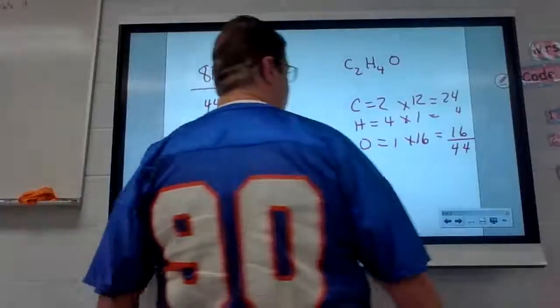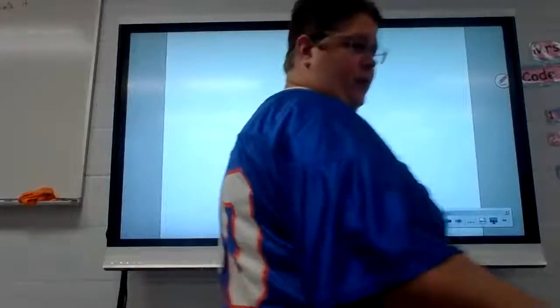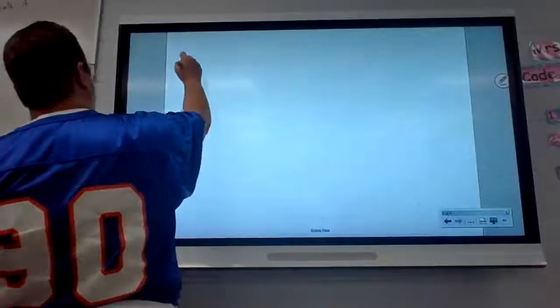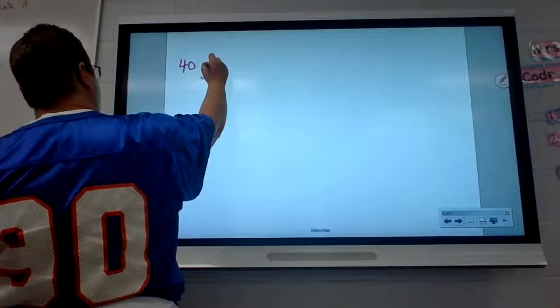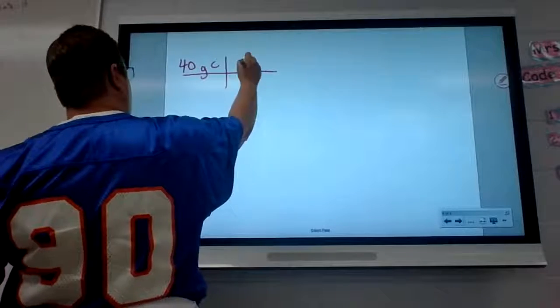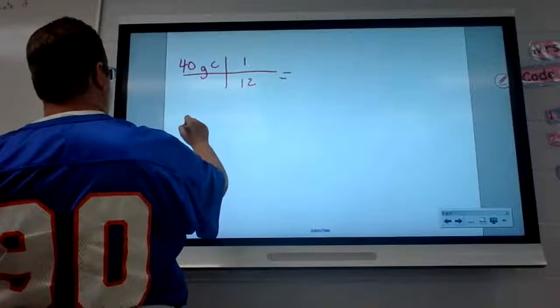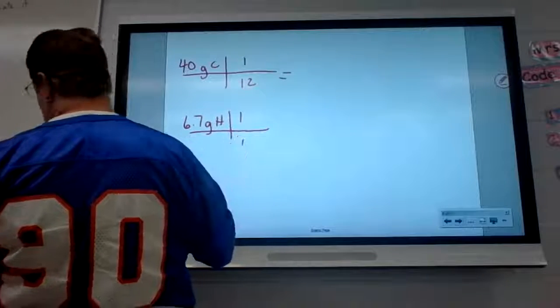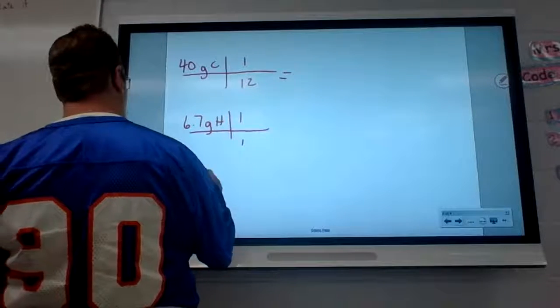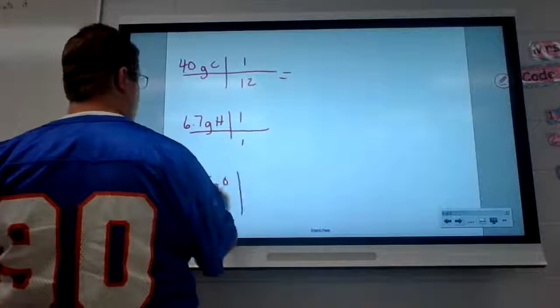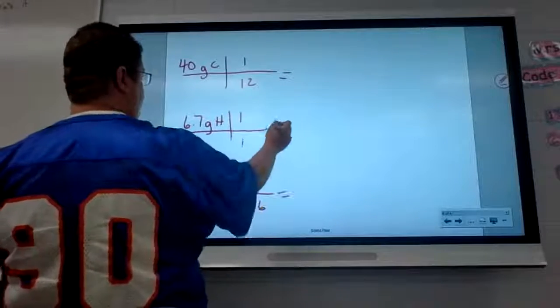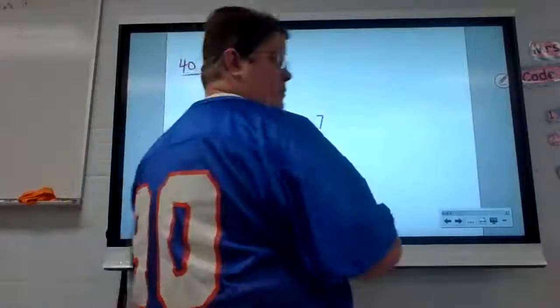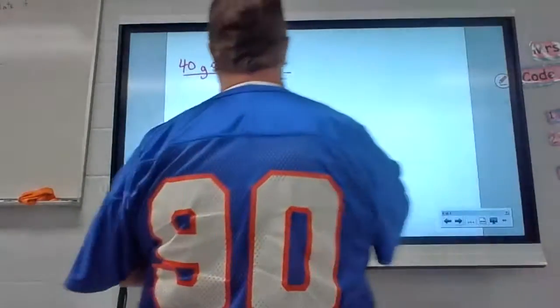Can I do number 3? Yes. All right. Number 3, we have 40% C, 12 and 1, 6.7 grams of H, 1 and 1, and 53.5 grams of O, 1 and 16. That's going to be 6.7 moles.